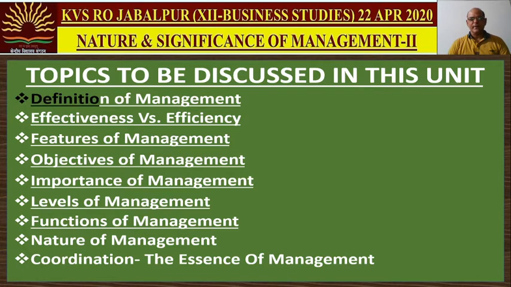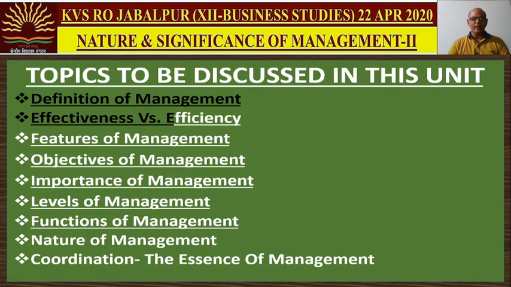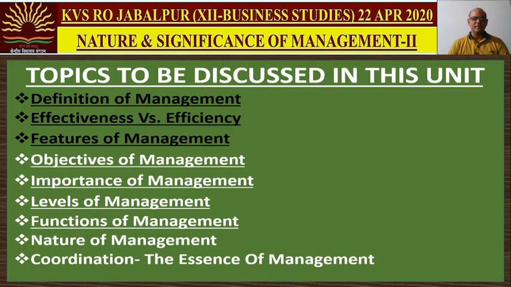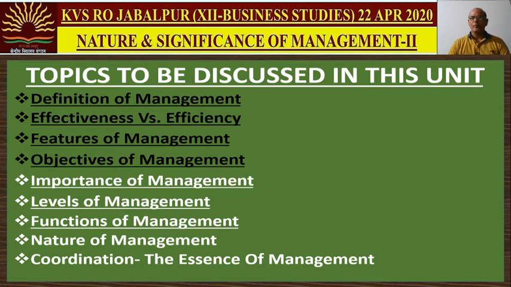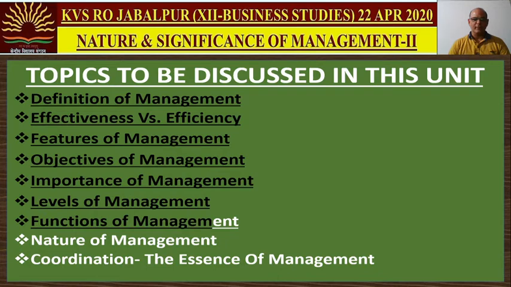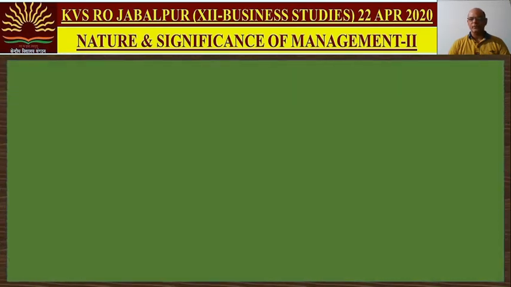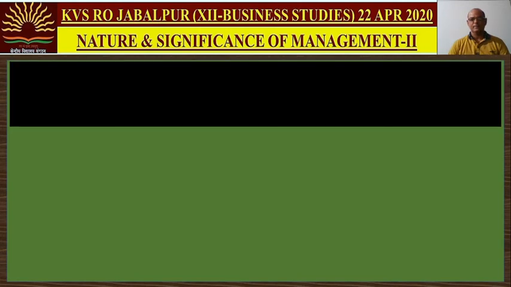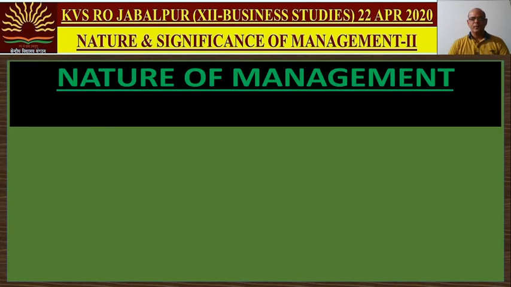In the previous session we discussed everything up to functions of management, and now we are going to start with nature of management. So let us discuss nature of management.